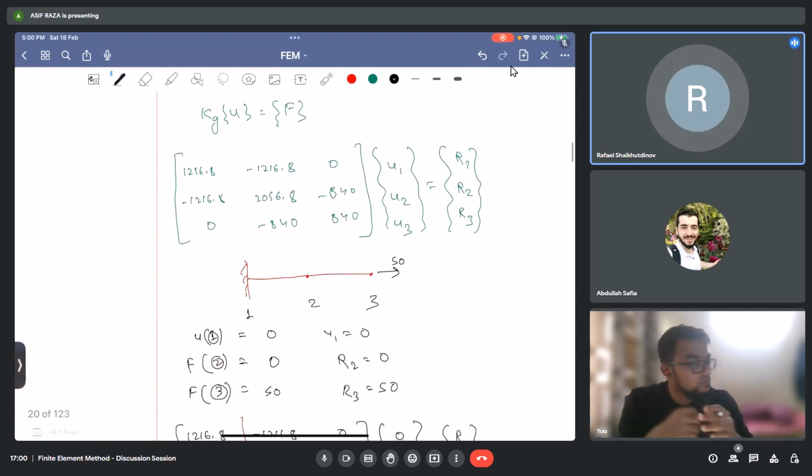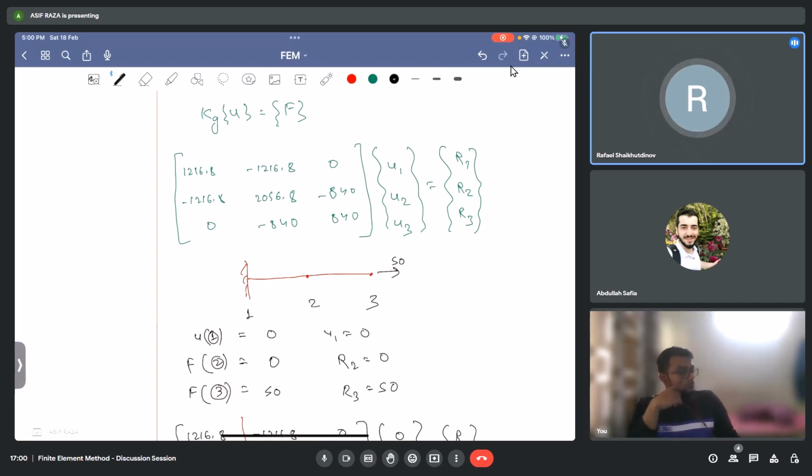When we consider this problem, I understand everything because I know that R1 is reaction, R2 is a free node, so there is no force, and R3 is an external force. But how do I prove that mathematically? In this case I have some kind of doubt.